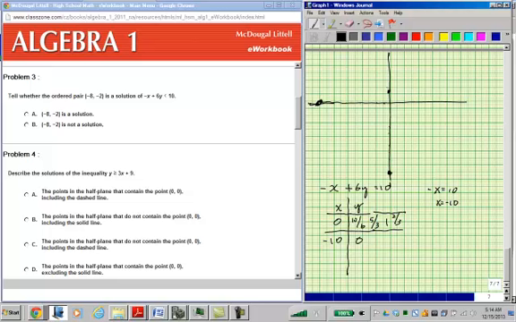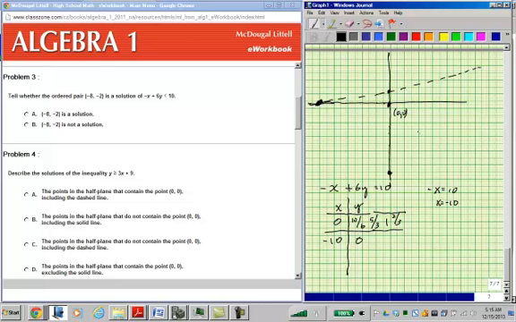And the line's broken, like this. The slope is 1 over 6. Now 0, 0, which is right here, is not on the line, so we can use 0, 0 to see if the sentence is true.